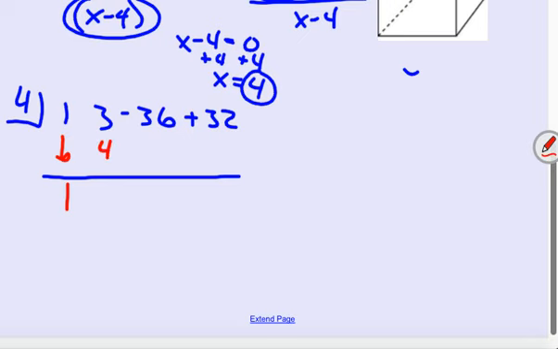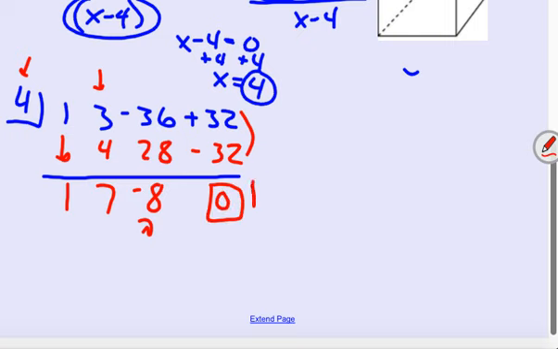That's adding the 2 up in this column. 3 plus 4 is 7. 4 times 7 is 28. Negative 36 plus 28 is negative 8. 4 times the negative 8 is going to give me negative 32. We add these two up right here, we get 0, and that is my remainder. So it divides in there evenly.